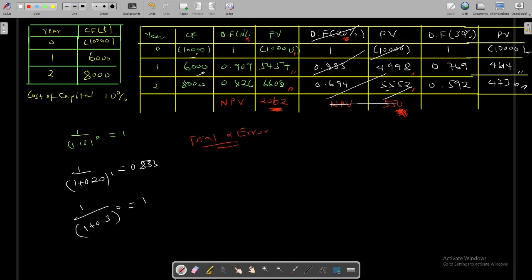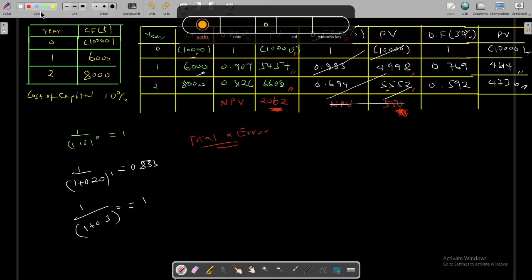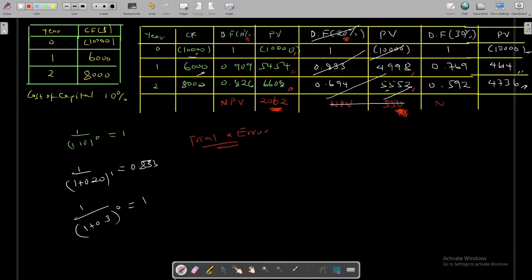So the NPV is equal to 4736 plus 4614, giving us 9350. So 9350 minus 10,000 will give us 650 negative.